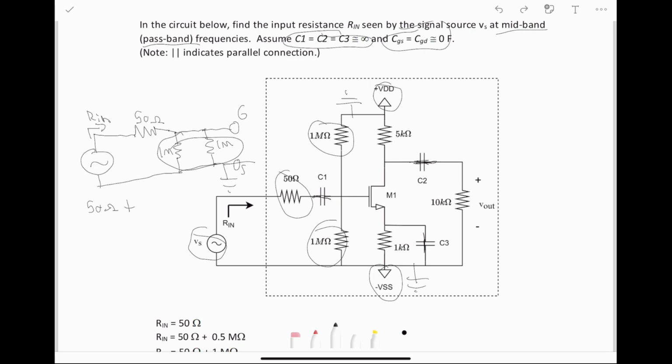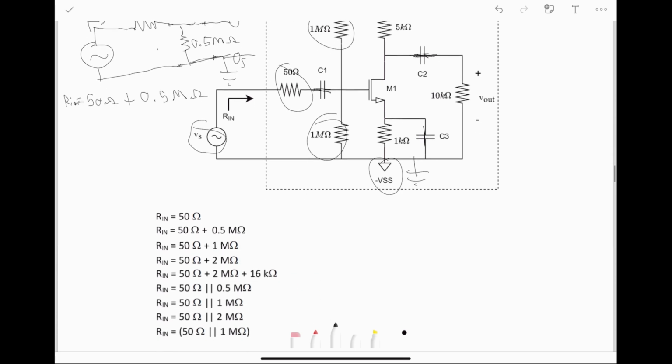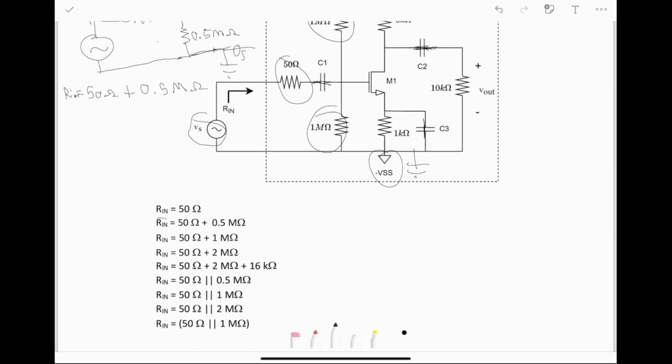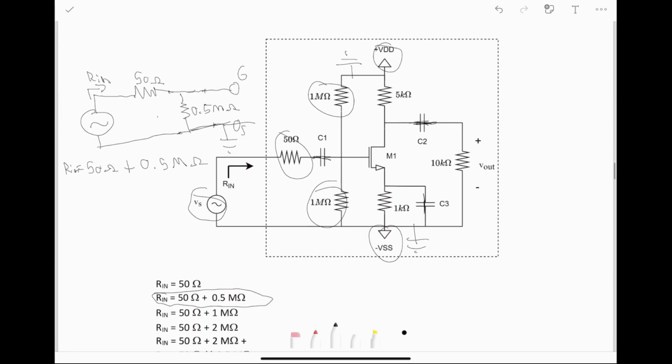So that's 0.5 mega ohms, right? This whole thing can simplify to a single 0.5 mega ohm resistor. And that is our answer. It's very simple. That's Rin. If we look, that is right here. And we're good.